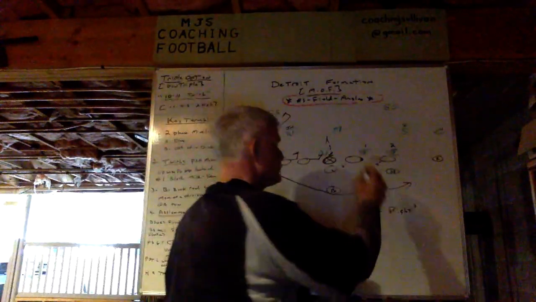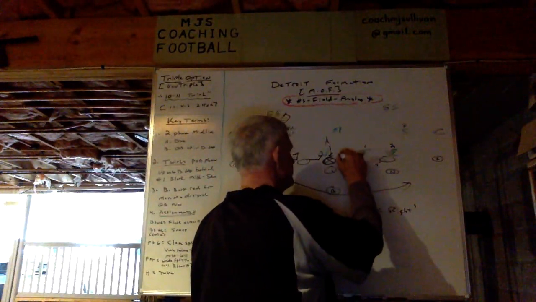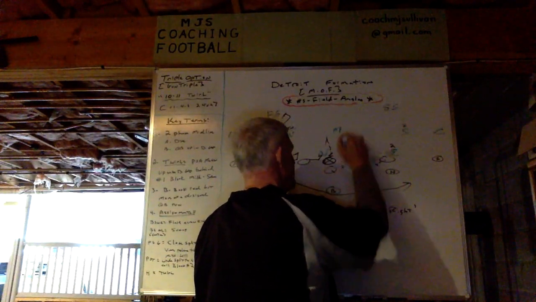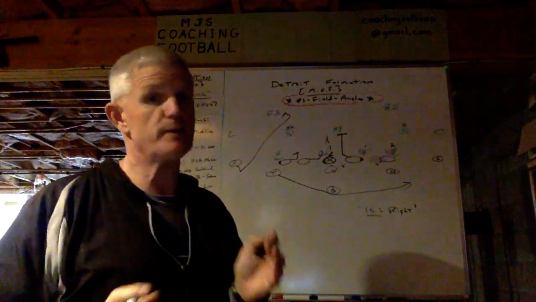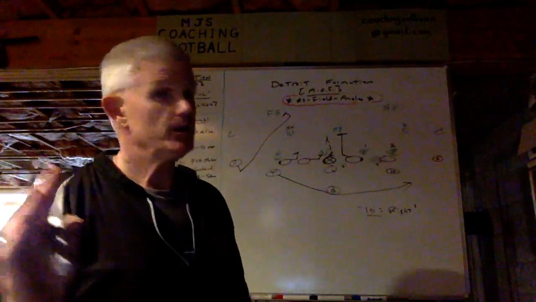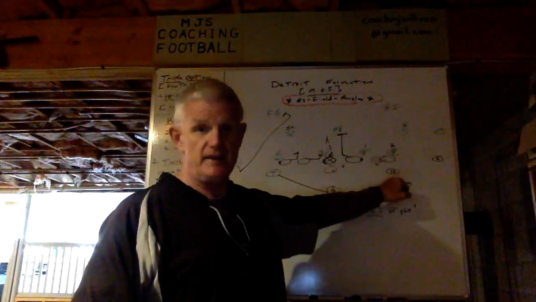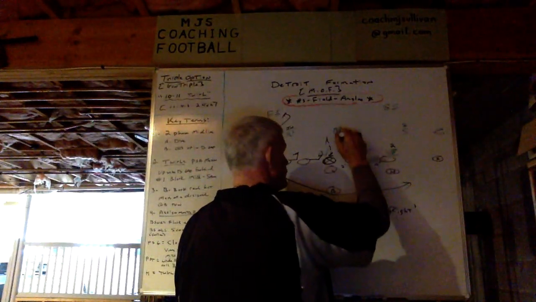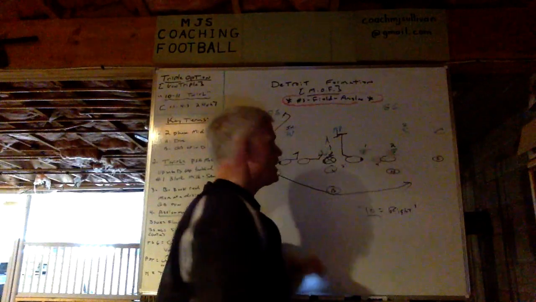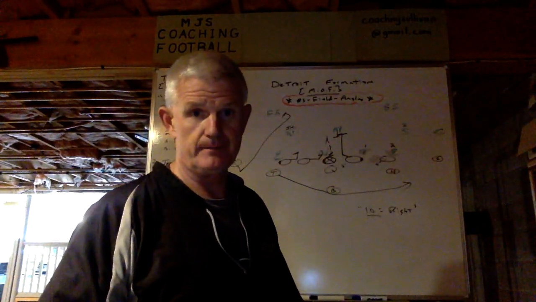Now we get to the play side guard. Close the split down. Veer release into the A gap up to the Mike. So, we have 2 people assigned to the Mike: play side guard and the H. So if the Mike were to plug then he's going to get blocked by the play side guard.